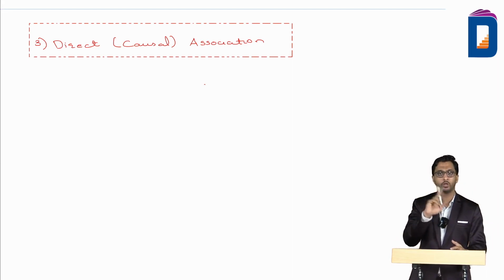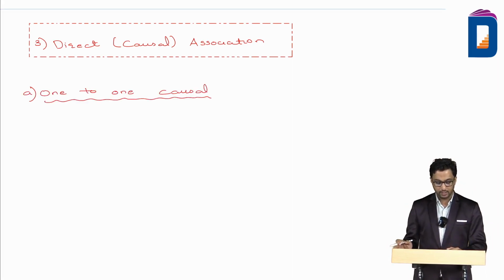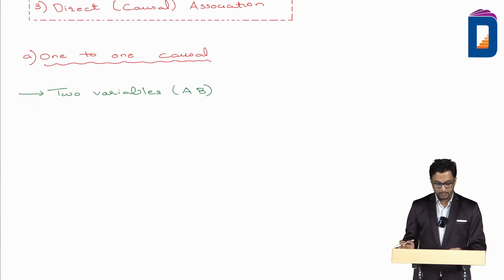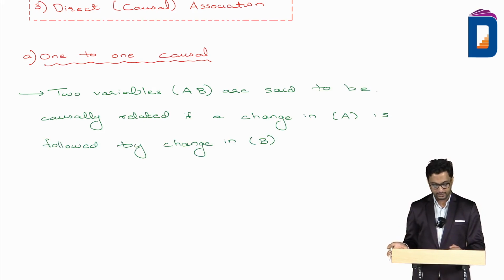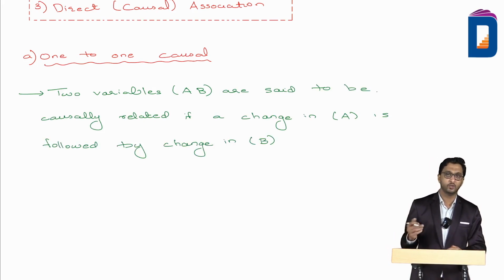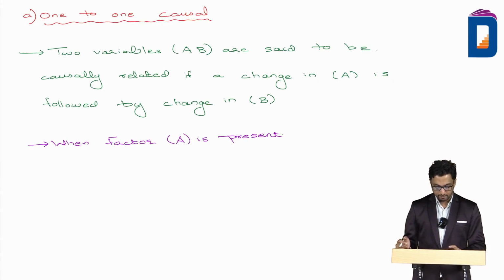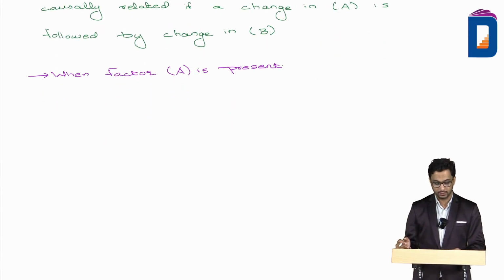Okay, direct means a one-to-one relationship. That is, we've got one-to-one and multifactorial. We'll come to that. Okay, two variables A and B are said to be causally related or having a direct association if a change in A is associated with or followed by a change in B. That means when factor A is present, disease B is present.